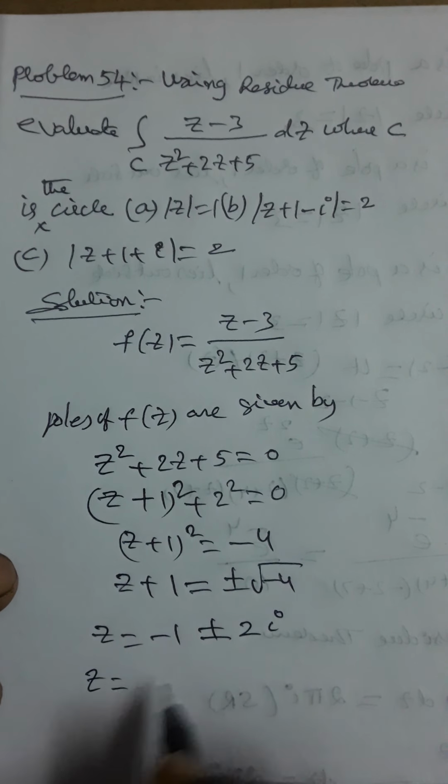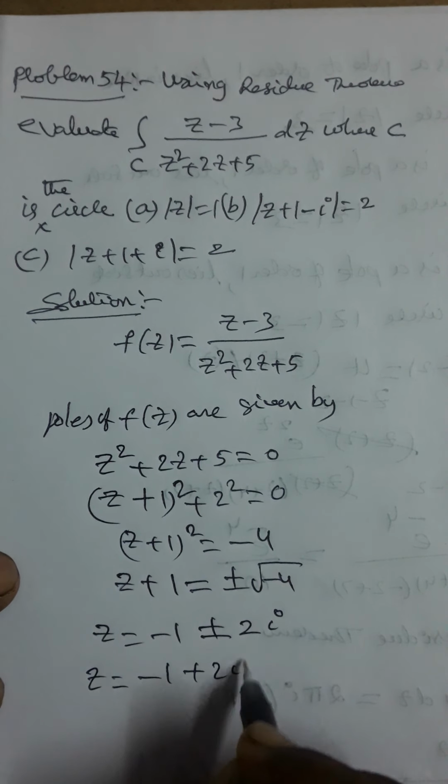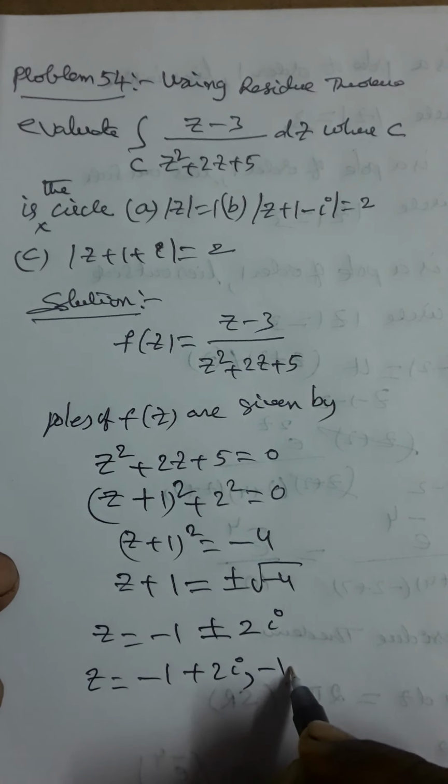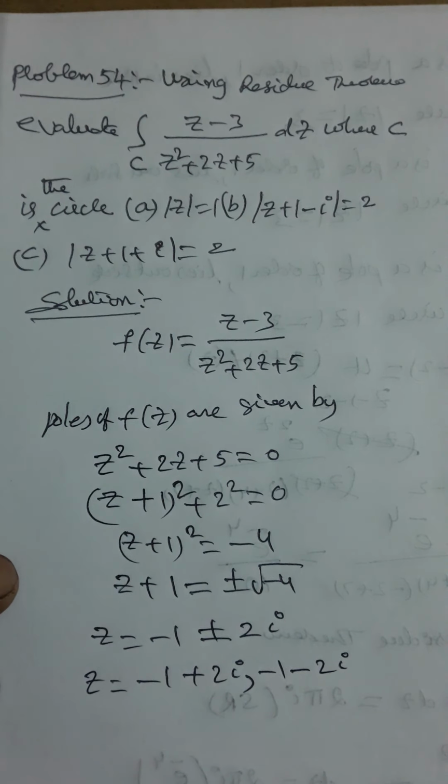So z is equal to minus 1 plus 2i and minus 1 minus 2i.